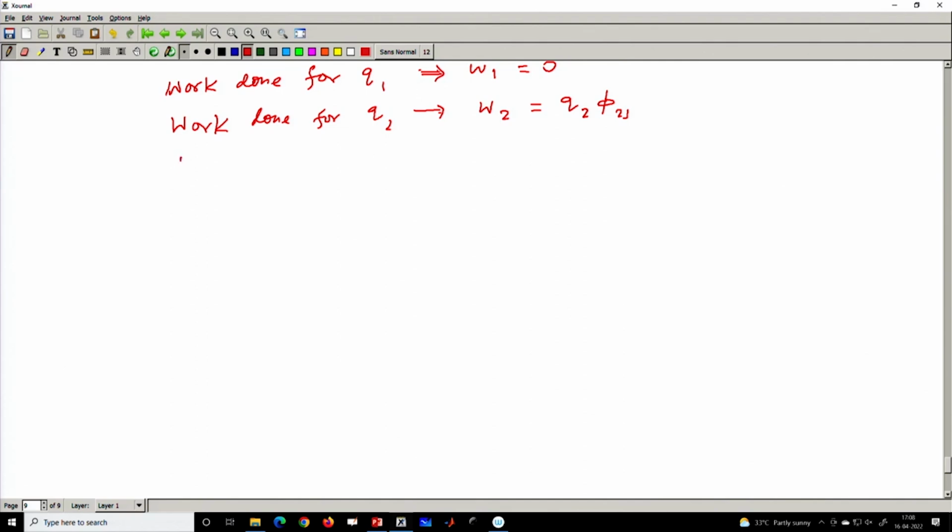Then the work done for Q3 is W3, and that quantity is Q3 experiencing the potential due to the charge 1 on Q3 plus the potential due to the charge 2 on Q3.